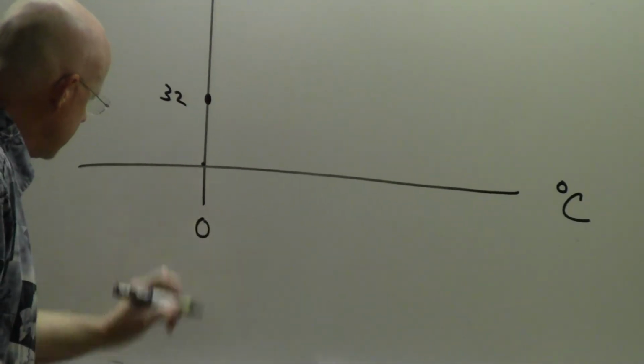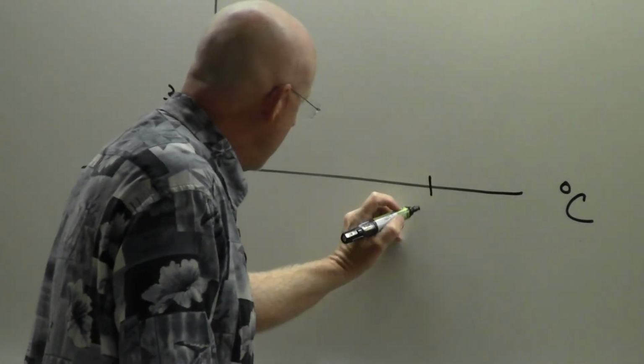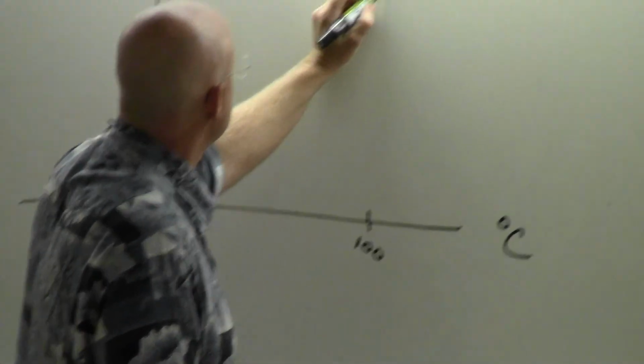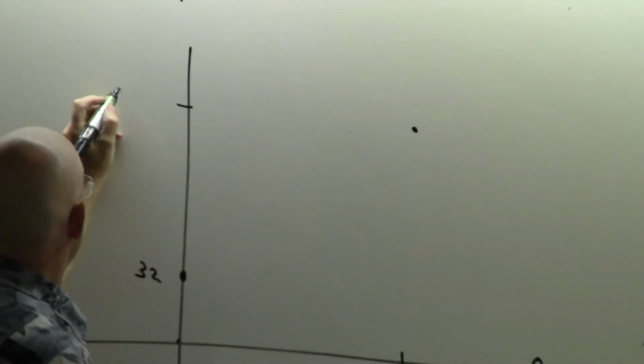And so I'll put 0 Celsius. And over here, 100 degrees Celsius would be the same as 212.